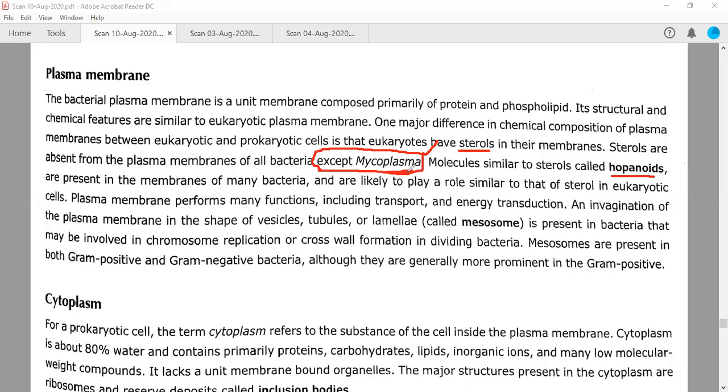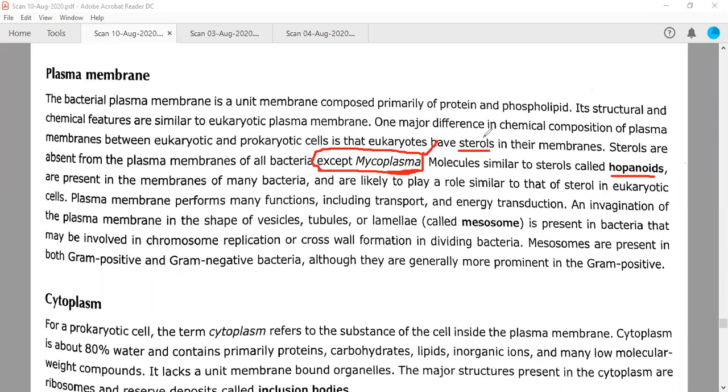Generally, all the prokaryotes have a cell wall, but mycoplasma do not have a cell wall at all. Without a cell wall the cell would lyse, and a plasma membrane without sterols is not able to hold the osmotic pressure generated inside the cell in aqueous environments. So to stabilize the cell, these mycoplasma, along with eukaryotes, evolved these sterols.